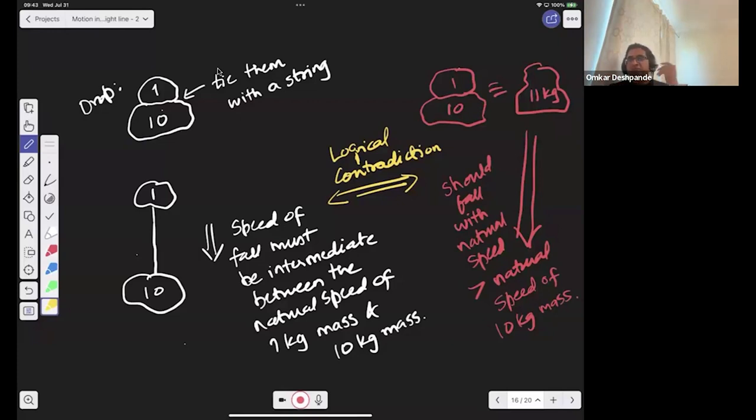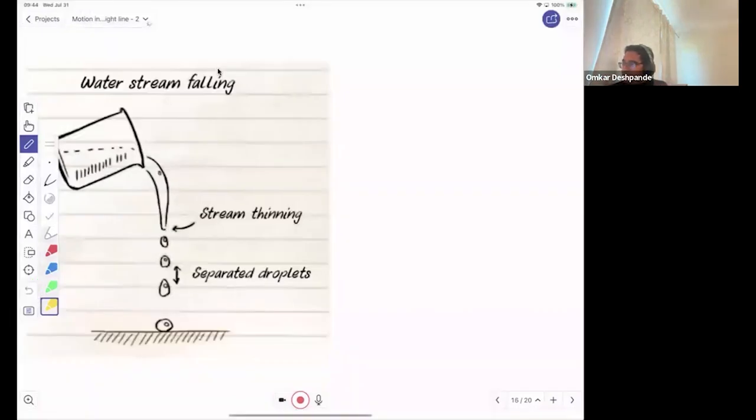Without any experiments, one could prove that Aristotle's view here simply cannot be correct. So there really wouldn't have been any need for him to do that experiment from the top of the leaning tower of Pisa. But that's the story, at least, that he did it.